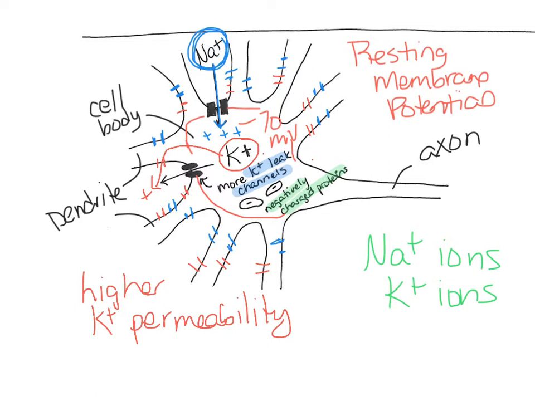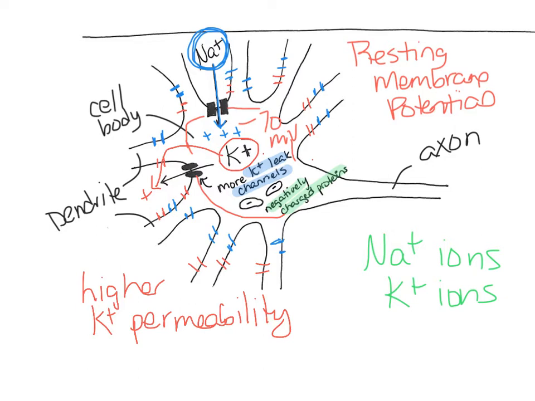Okay? If there weren't any sodium channels and it was just potassium leaking out, it would go all the way down to a -90 before it stopped. Okay? But because we have some sodium moving in through those sodium channels, it's not going to go that low. It'll go as low as -70.